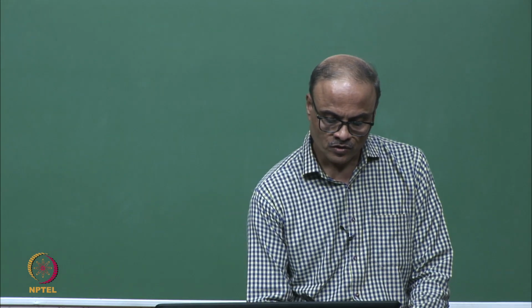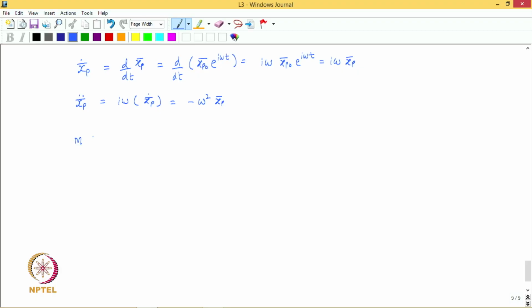If we substitute into m x double dot plus k x is equal to f naught e to the power i omega t, what we get is minus m omega square xpo bar e to the power i omega t plus k times xpo bar e to the power i omega t is equal to f naught e to the power i omega t.